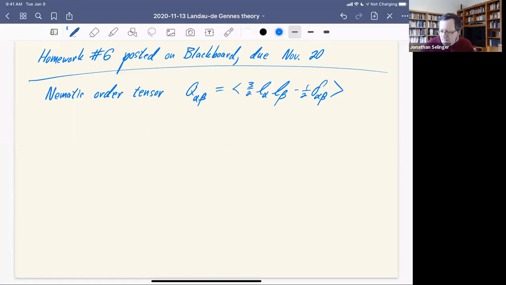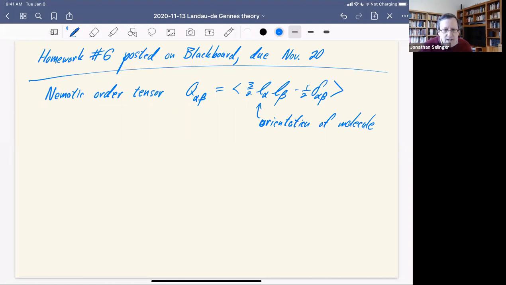Now, this is the average that we came up with, where L is the orientation of the individual molecule. And so we are averaging this combination of molecular orientations.